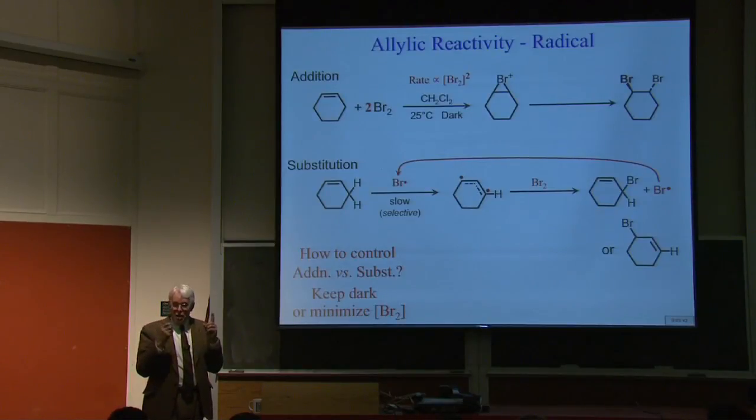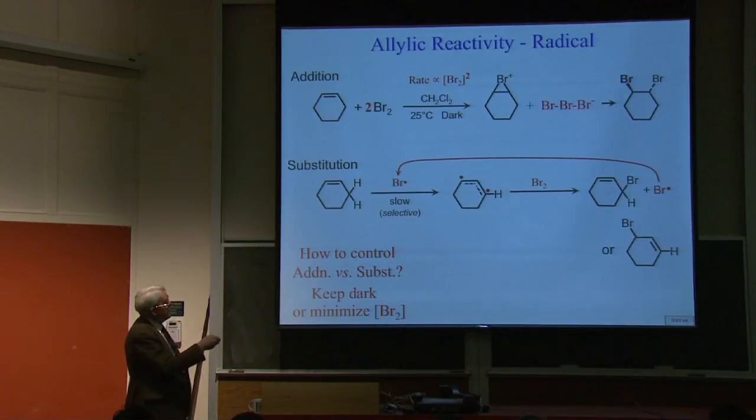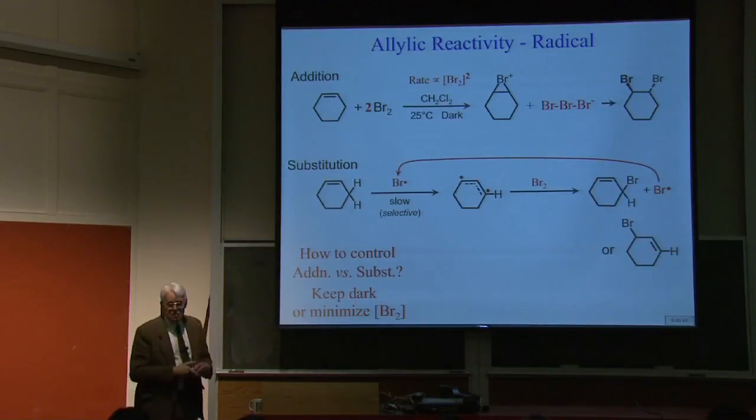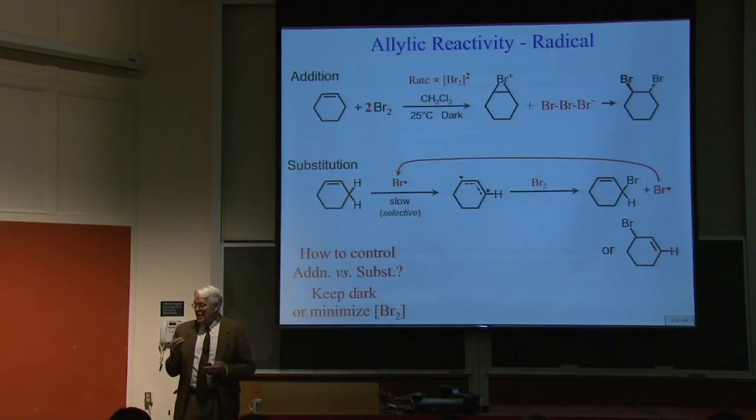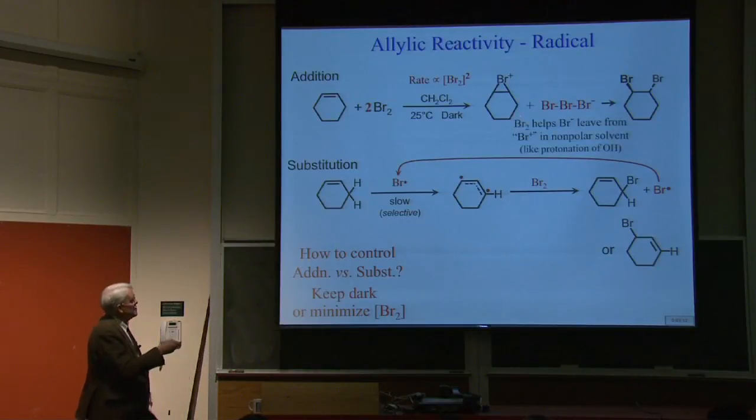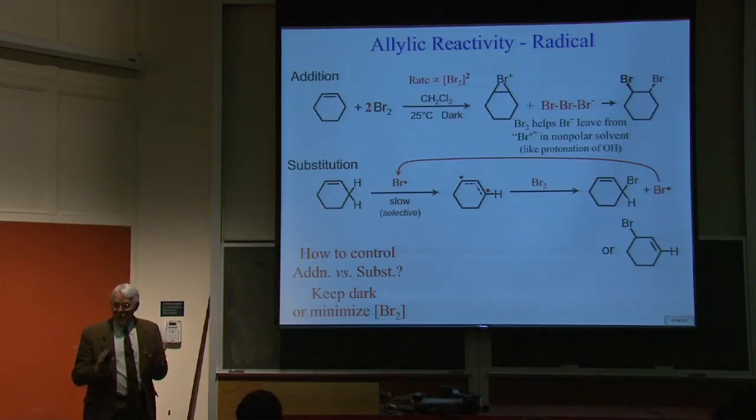And in fact, Br minus is stabilized by reacting with Br2 to give Br3 minus. So the second Br2 helps the bromide leave from Br plus in a nonpolar solvent like this, right? So it's second order.